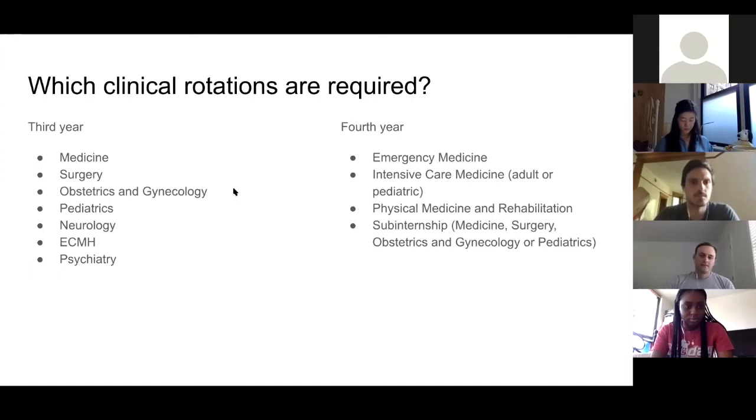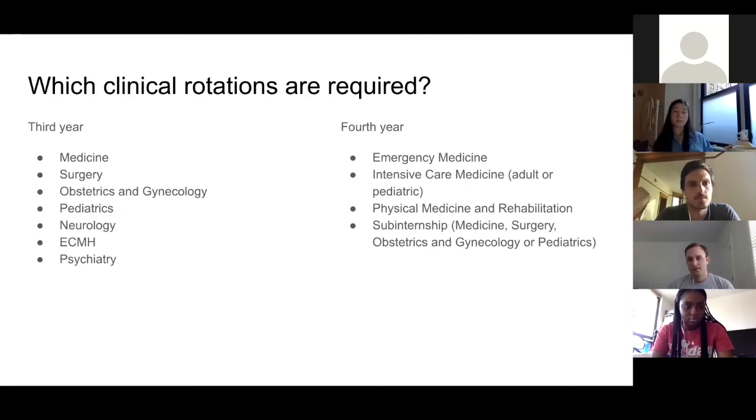That can be intensive care or emergency medicine. And then there's some others where you can choose to do a sub-internship. So that's looking at a specialty in some of these fields. And that's especially relevant if you're interested in some of those subspecialties. And then there's also physical medicine and rehabilitation. So these are all the required clinical rotations or clerkships.